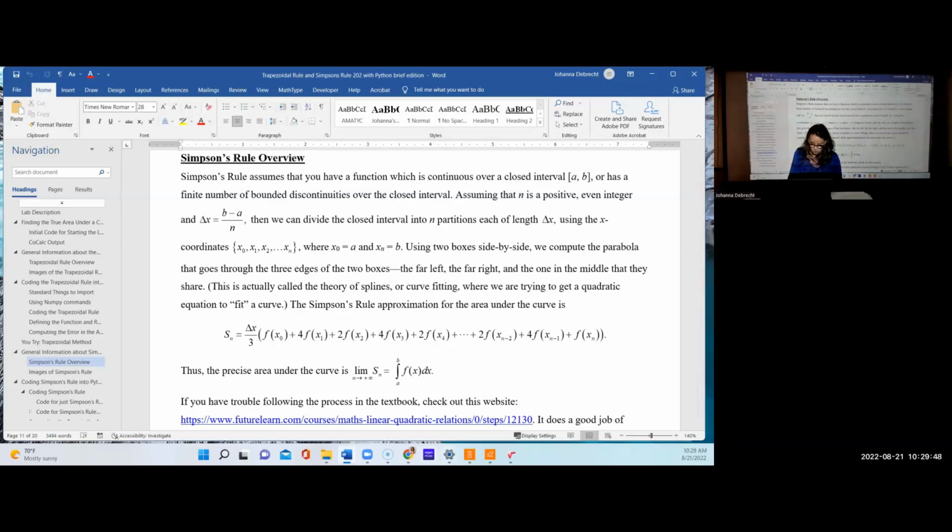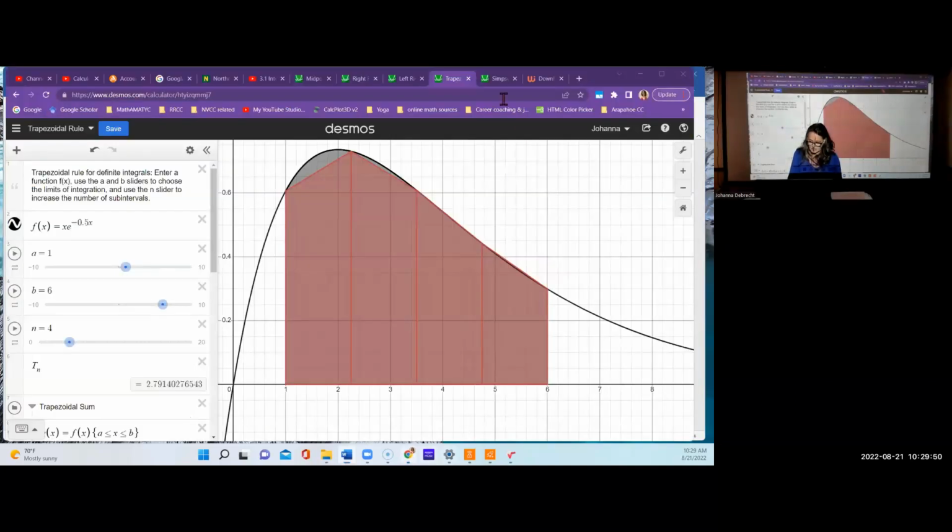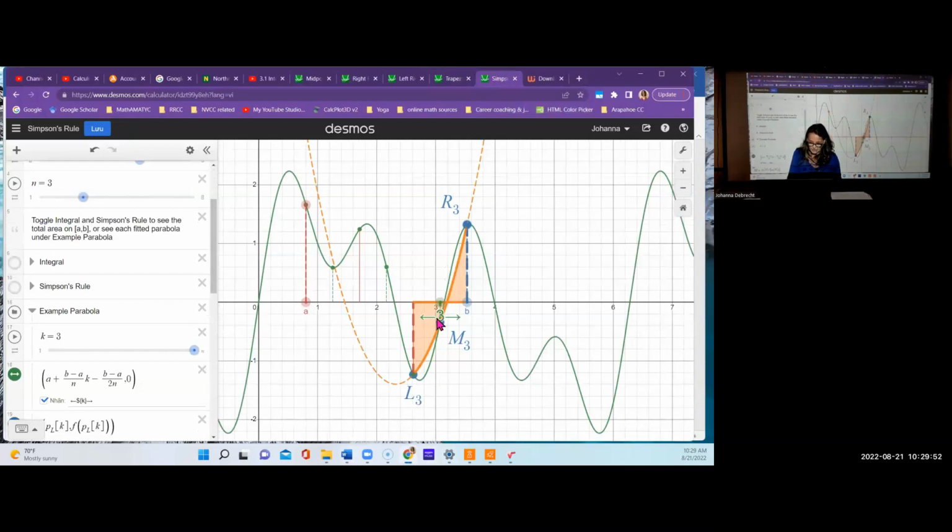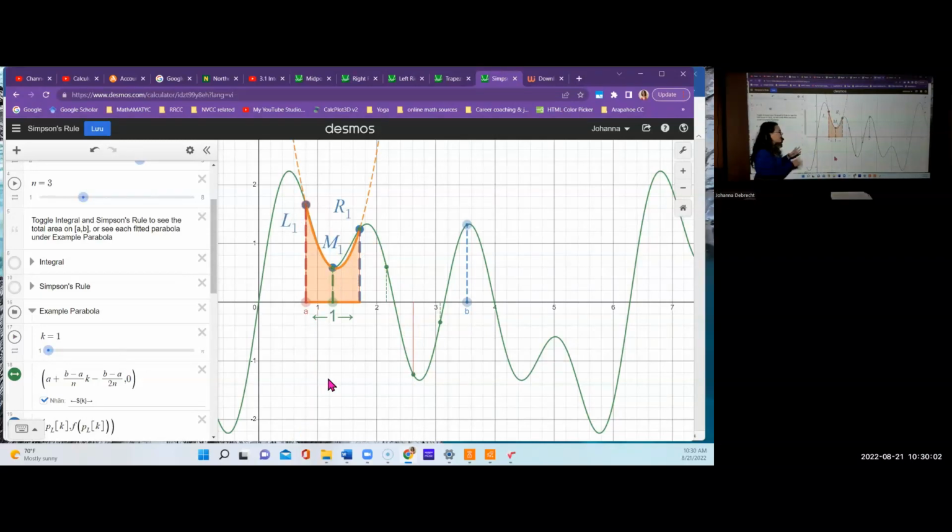So let's take a quick look out here on Desmos. And you can see right here, let's go back to the first interval, which makes a little bit more sense. So let's be looking at this one here. So again, it's dividing it into different subintervals. These are two subintervals, not one. So we have the subinterval from the red to the green dashed line, and then the subinterval from the green dashed line to the blue dashed line.